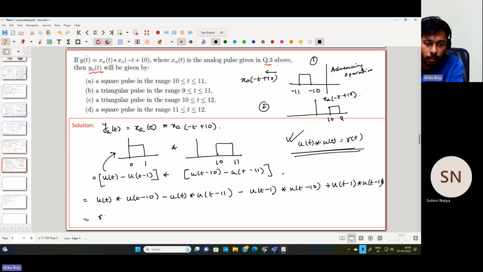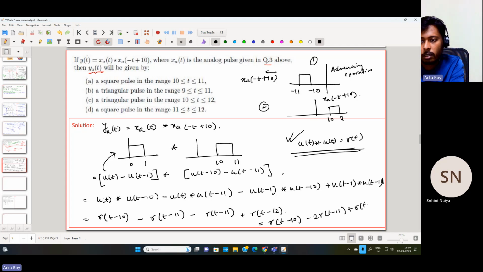So I will get ramp at t minus 10, then ramp at t minus 11, and then ramp at t minus 12. I can write it as r(t minus 10) minus 2 r(t minus 11) plus r(t minus 12). This is what y(t) looks like.